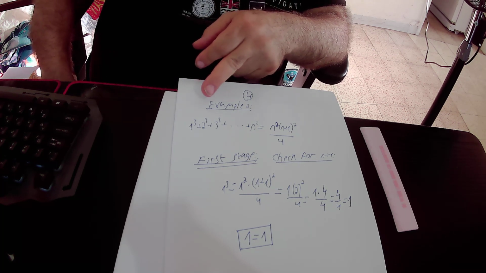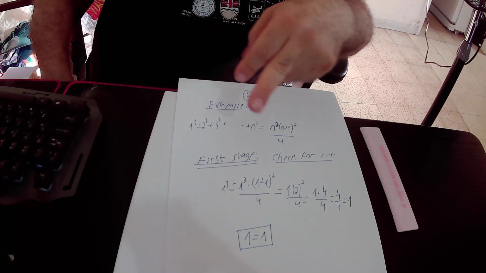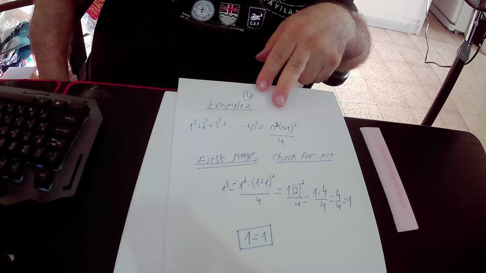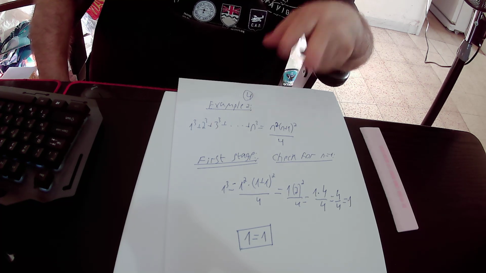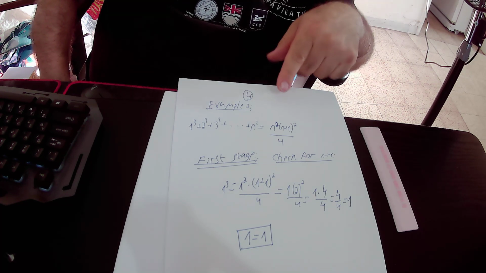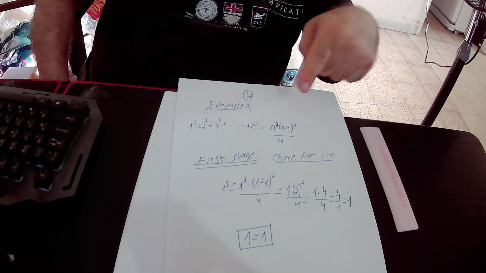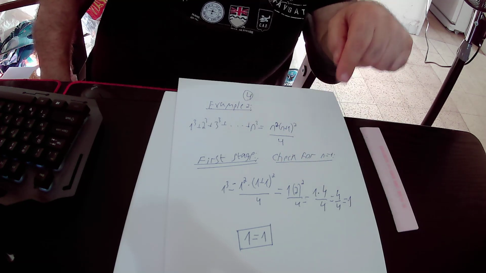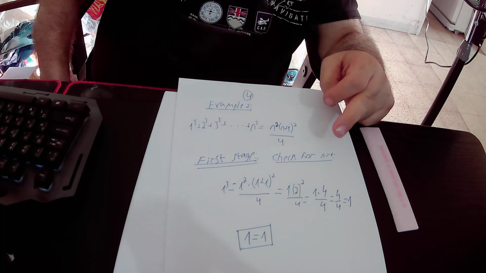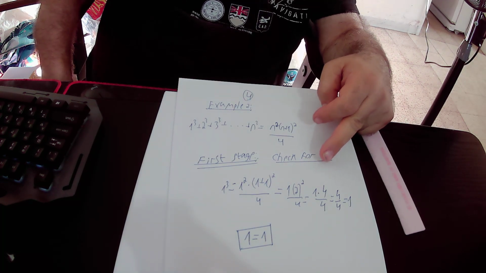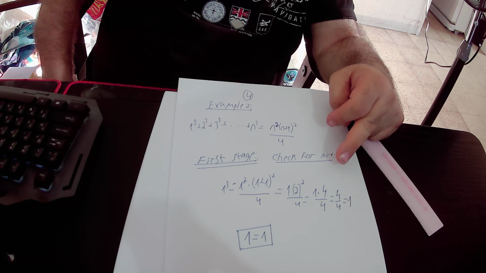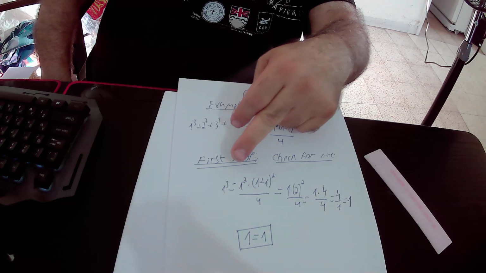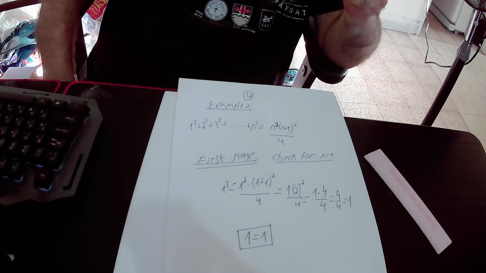In this side of the equation we have 1 to the power of 3 that equals 1, and in the other side of the equation it is n squared times n plus 1 squared divided by 4, and n equals 1, so it is 1 squared times 1 plus 1 squared divided by 4, and 2 squared is 4, so it is 1 times 4 divided by 4. 1 times 4 is 4, and 4 divided by 4 is 1, so 1 to the power of 3 is 1. 1 equals 1.